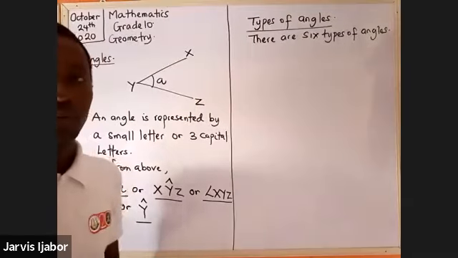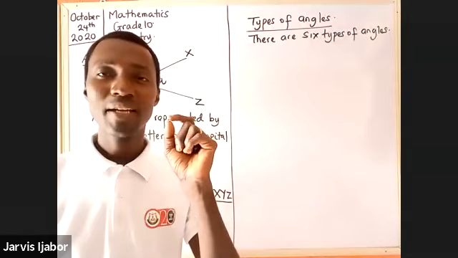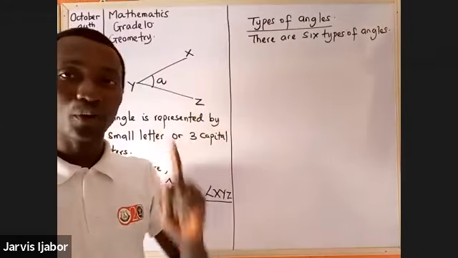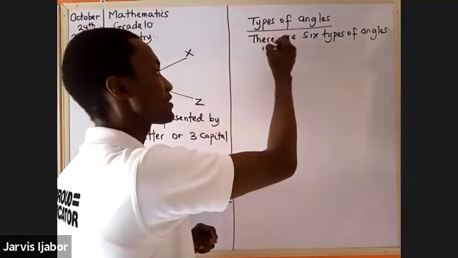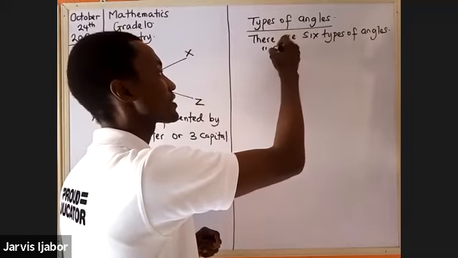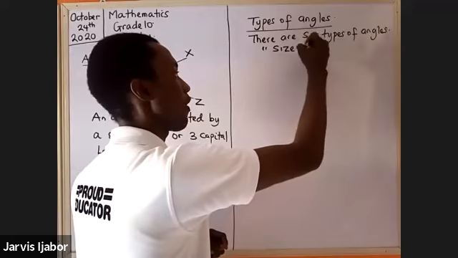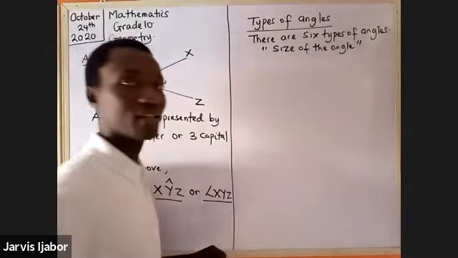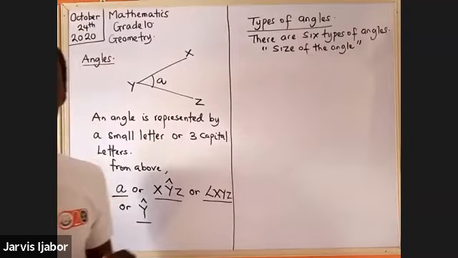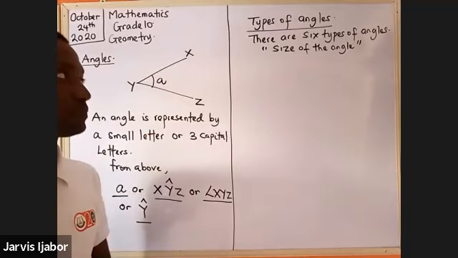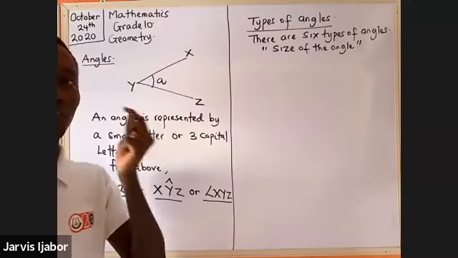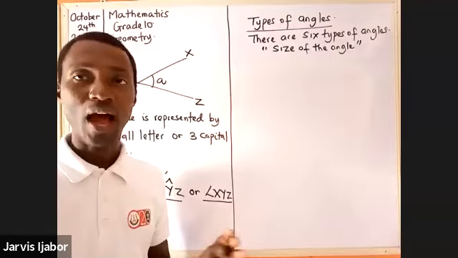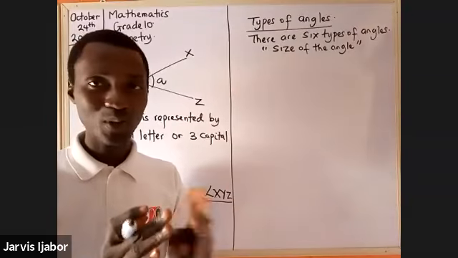Now, please, let me make this very clear at this point. When I talk about types of angles, I am using the criterion, the size of the angle. Please let's take note of that. I'm considering what? The size of the angle. So I'm not talking about the interaction of the angles.